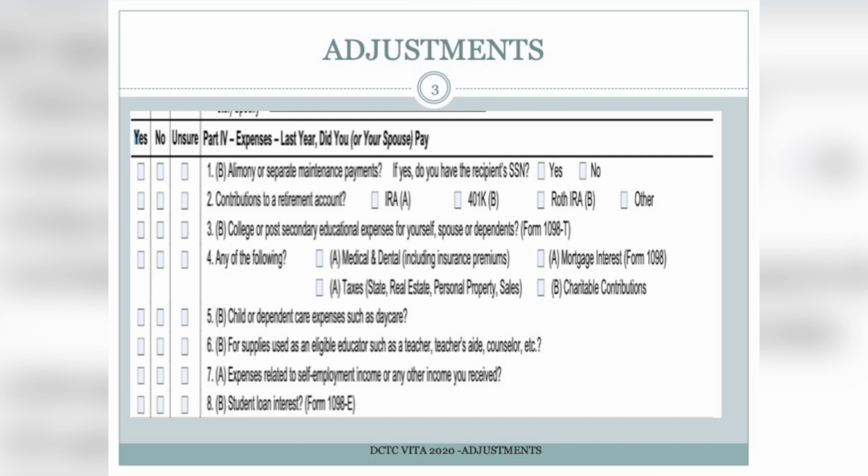Item 4B can be used as an adjustment for 2020 only if the taxpayer gives a cash contribution and uses the standard deduction method. Yes, I know we've not talked about standard deduction yet, but it's coming up.